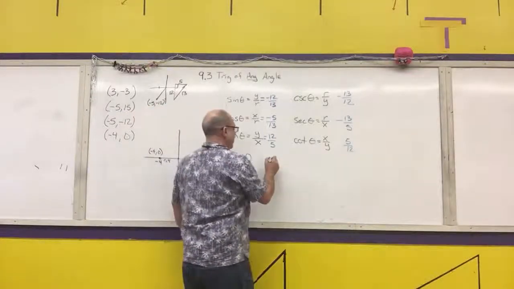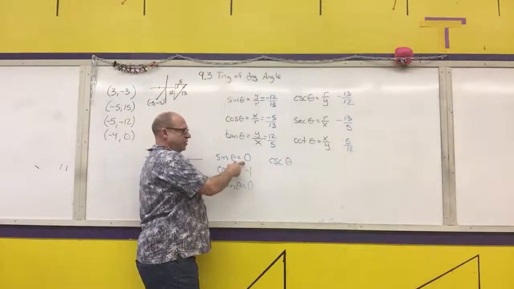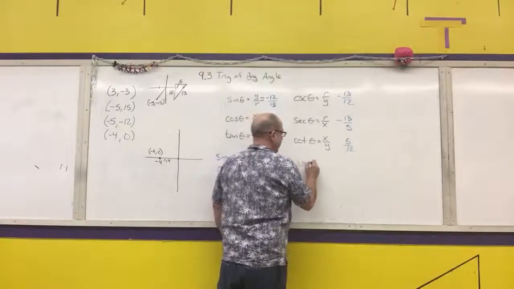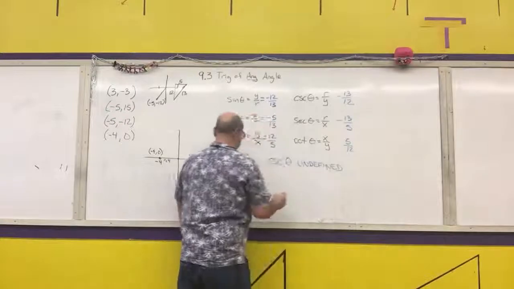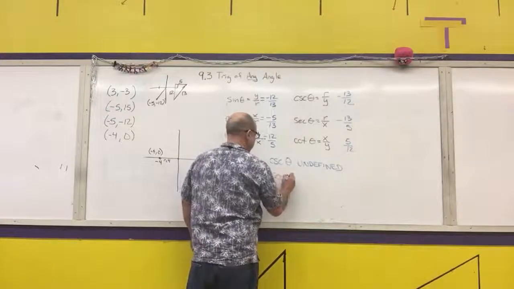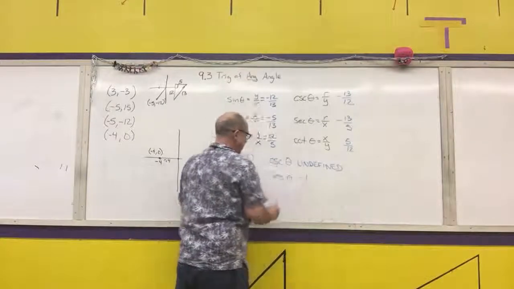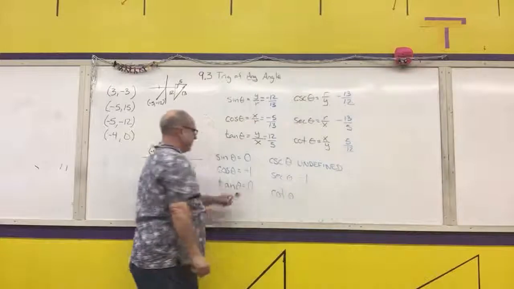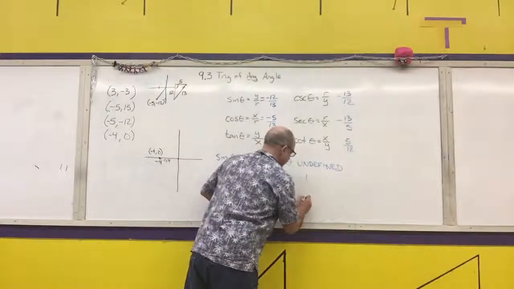My cosecant is the reciprocal of 0, so that's 1 over 0, but I'm not allowed to do that, so I write undefined. My secant is the reciprocal of negative 1, which is negative 1. And my cotangent is the reciprocal of 0. Again, 1 over 0 is undefined.